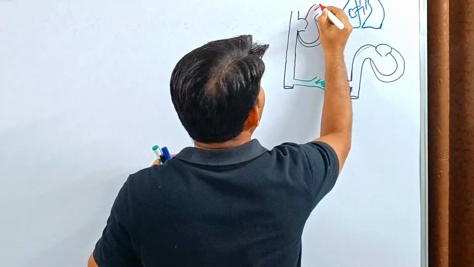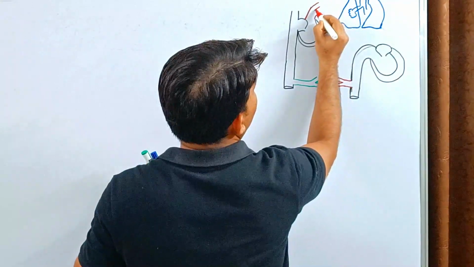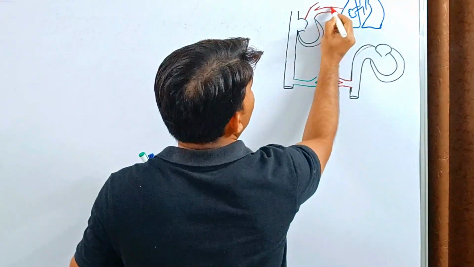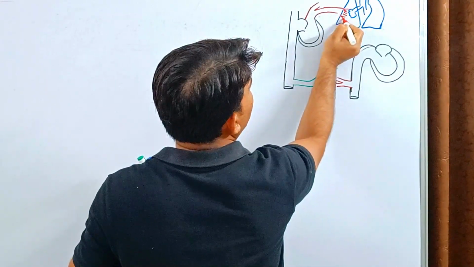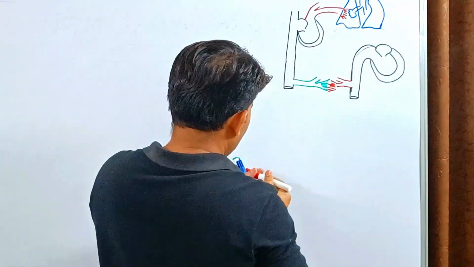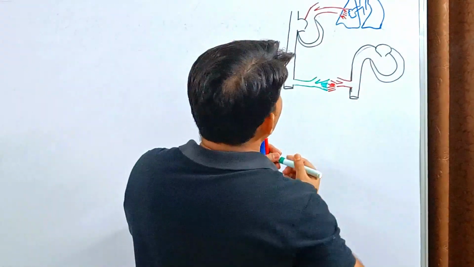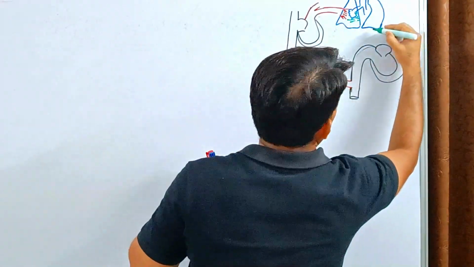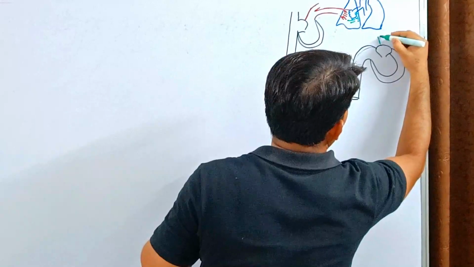Right and left pulmonary trunk bifurcates into right and left pulmonary artery. Suppose this one pulmonary artery bifurcates and breaks down into pulmonary capillary bed and ultimately reunites and makes total how many veins?